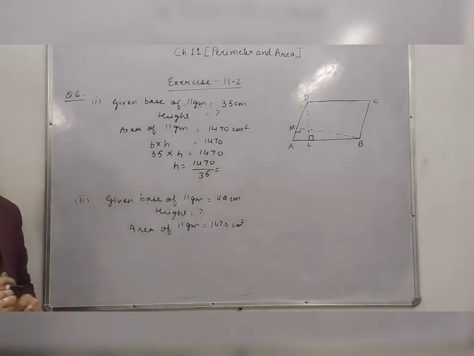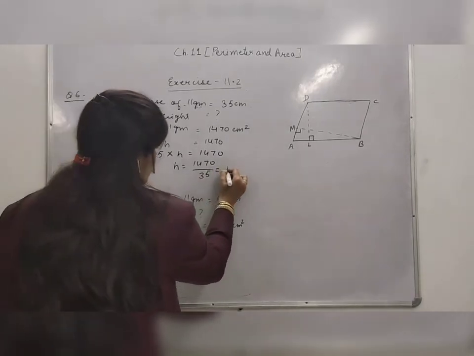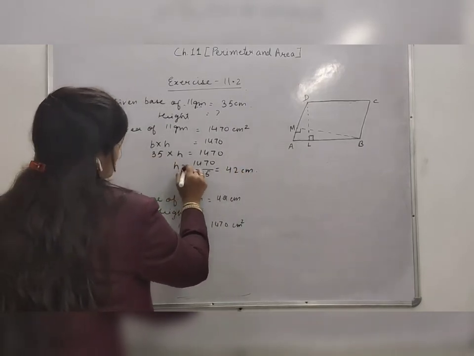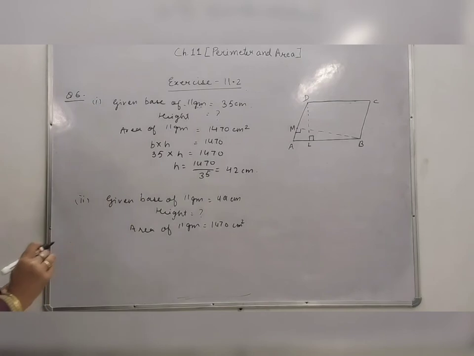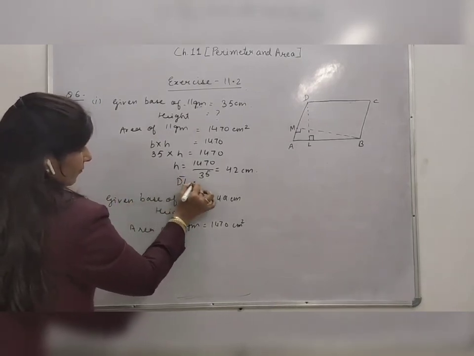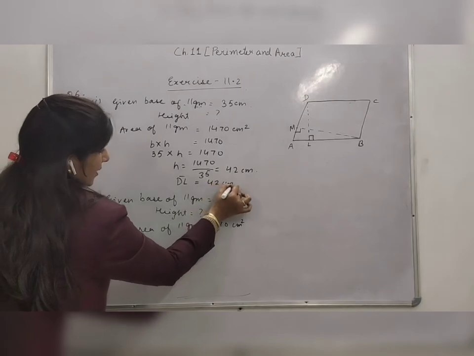In this way we can find out the height, which is 42 centimeter after solving. This h is the height DL. So DL will be equal to 42 centimeter.